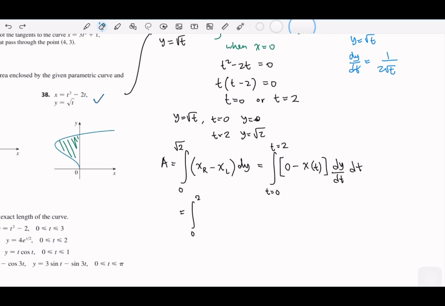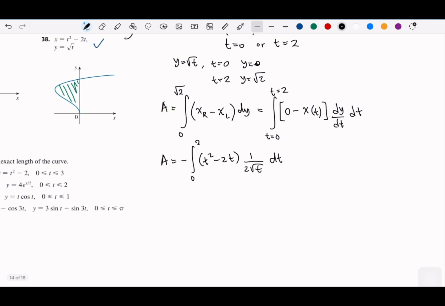Sorry, put the negative here. And then x is t squared minus 2t. dy dt is 1 over 2 square root of t dt. I think that we could do that, and we could basically compute these integrations. It's just a normal integration with powers, right?